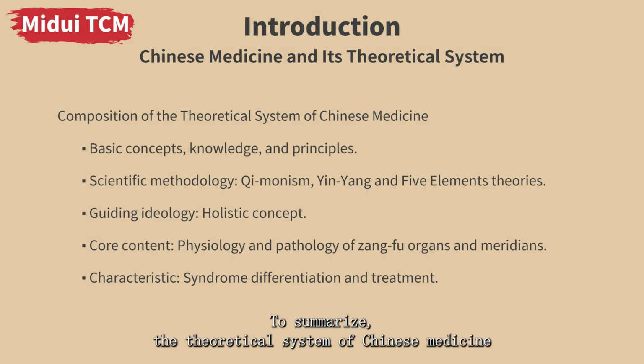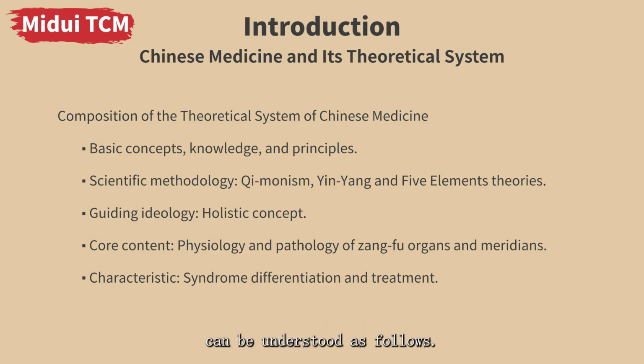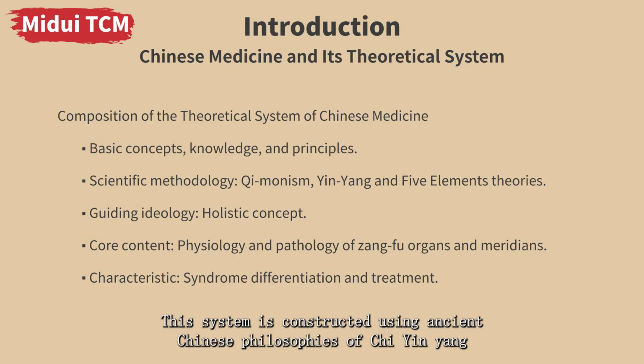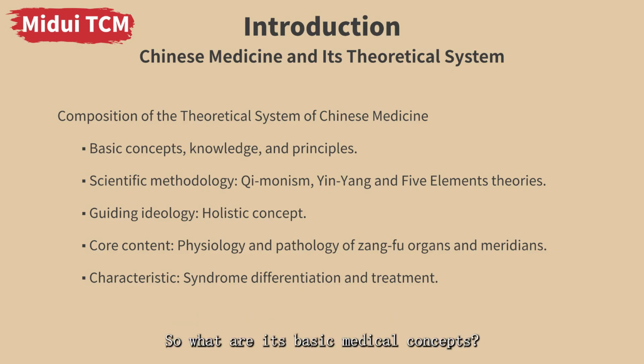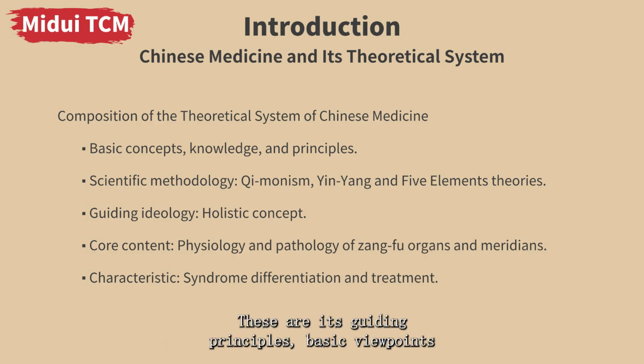To summarize, the theoretical system of Chinese medicine can be understood as follows. 1. This system is constructed using ancient Chinese philosophies of Qi, Yin, Yang, and the five elements as its natural view, medical view, and methodology. 2. What are its basic medical concepts? These are its guiding principles, basic viewpoints, and guiding concepts, namely the holistic concept. 3.